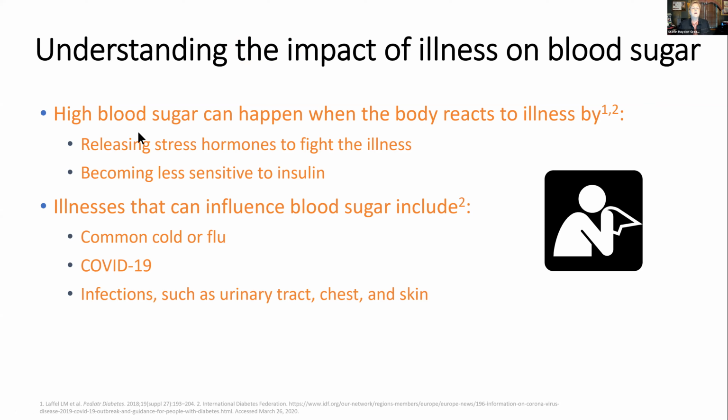So high blood sugar can happen when the body reacts to any illness. And so that happens when you have diabetes and when you don't have diabetes. So even patients that are post-op a very long surgery, they have to watch the sugars and the hormones, because they're trying to repair their body or fight the illness, and so you release the stress hormones, which makes your insulin less sensitive.